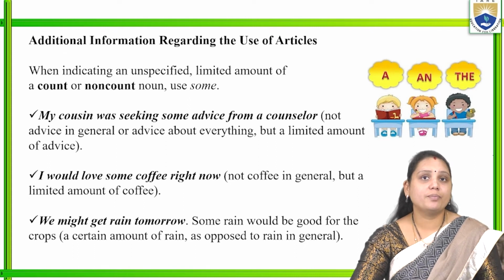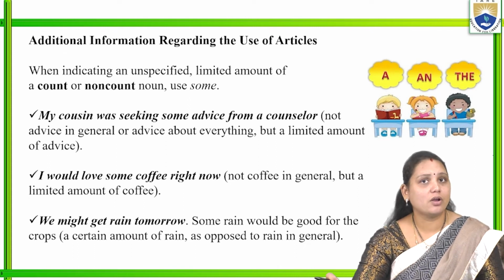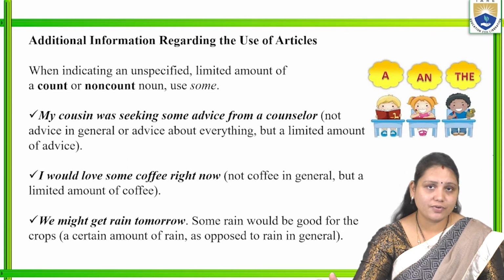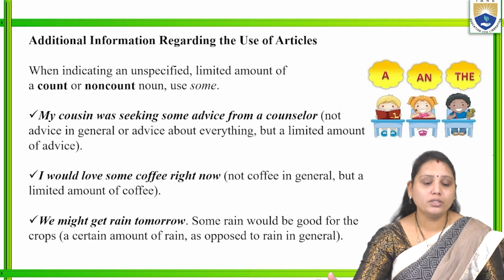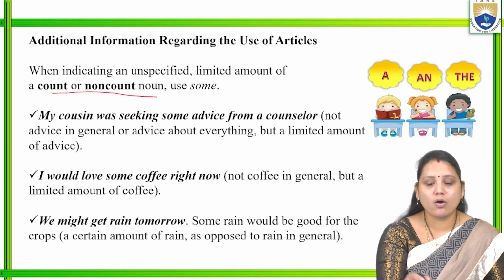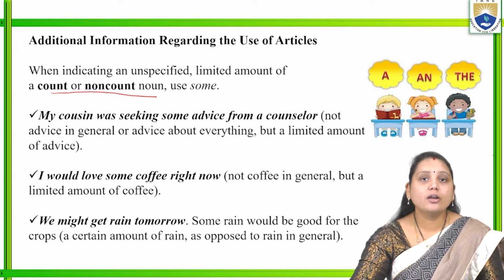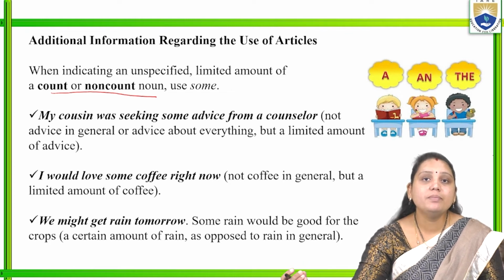Next, additional information which will help you in the usage of articles. Now, when indicating an unspecified limited amount of count or non-count nouns, you are going to address those which have the meaning of limited amount.